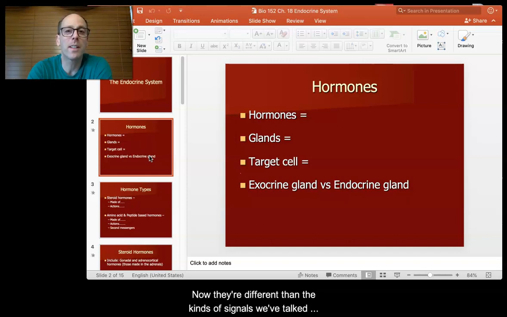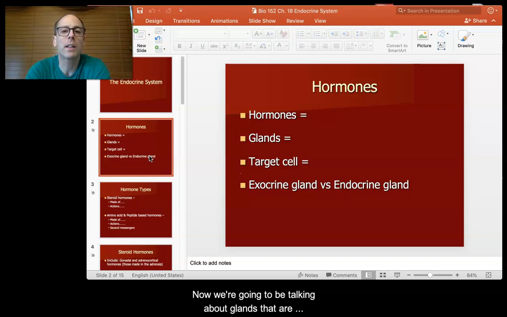Now they're different than the kinds of signals we've talked about in the past, such as neurotransmitters. These types of signals travel through the body from one organ to a different tissue. They travel very long distances. And they come from glands. So a gland is any kind of structure that produces a secretion in the body.